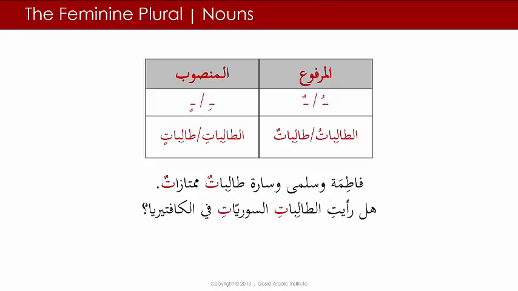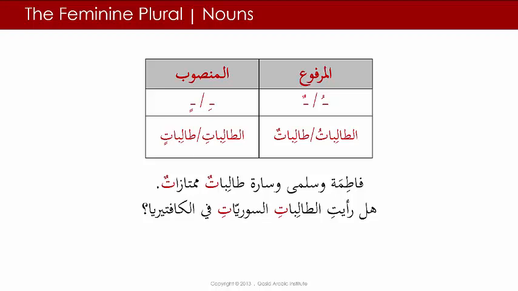Here we have hal ra'ayti, did you see, speaking to a female, at-talibati as-suriyati fil cafeteria. Here, the object at-talibat of the verb ra'ayti is mansub, but with kasra and not with fatha, which is the normal and major sign of the mansub case.